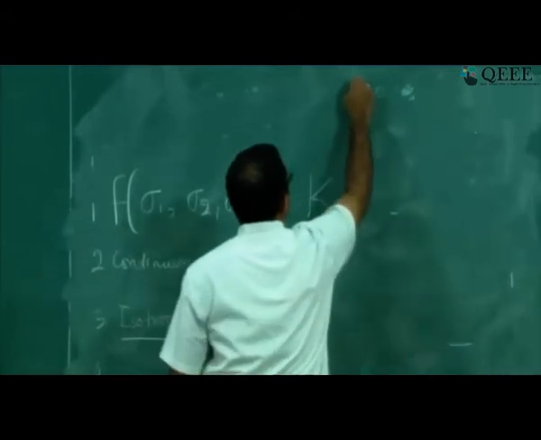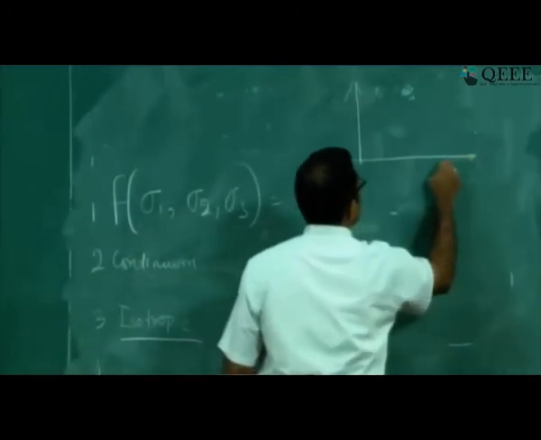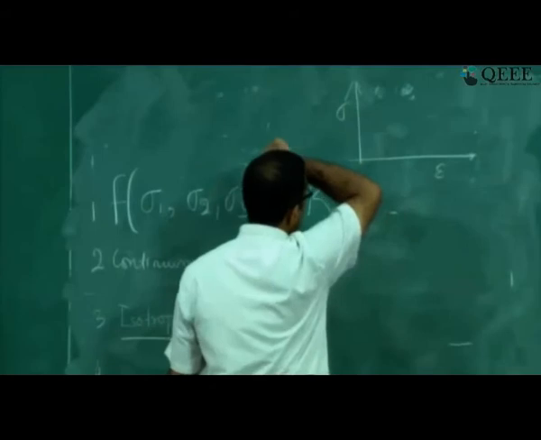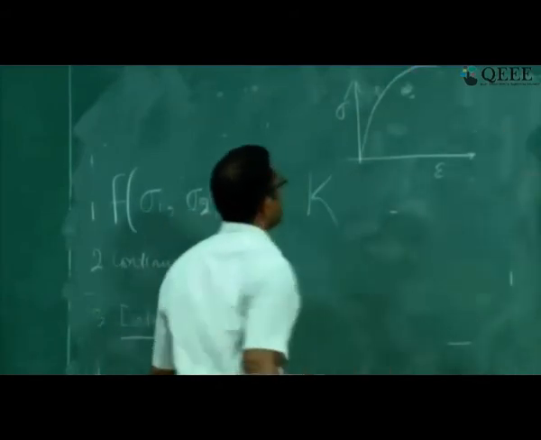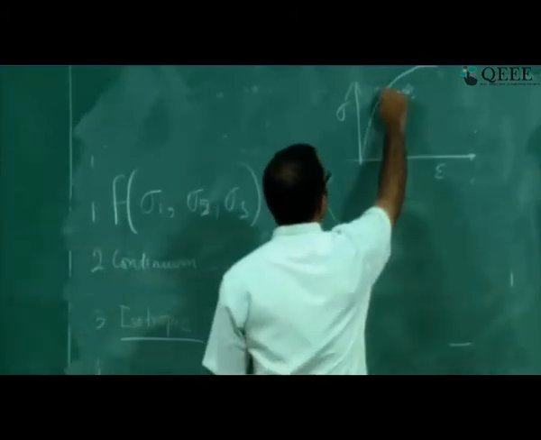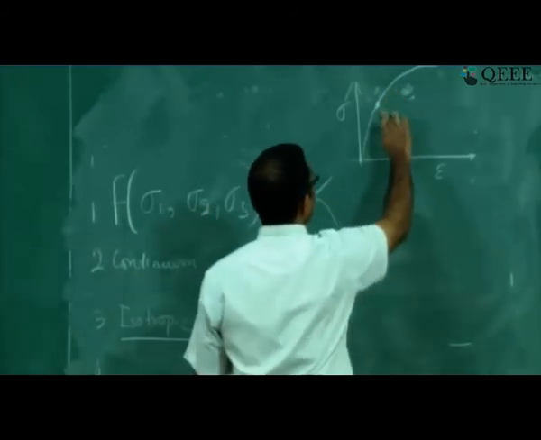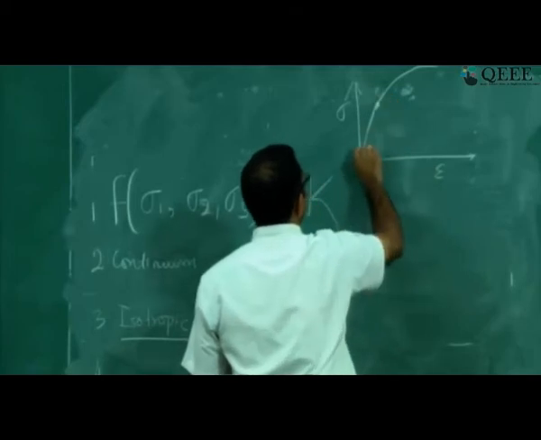What I mean to say is, if you take a specimen and do a uniaxial tensile test on it, you might get a stress strain graph that looks like this. So somewhere here, it basically yields and it undergoes some permanent deformation.